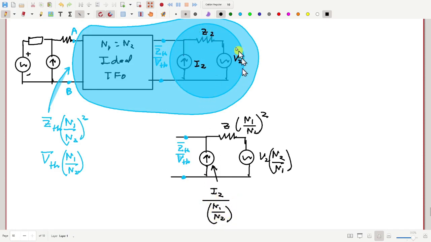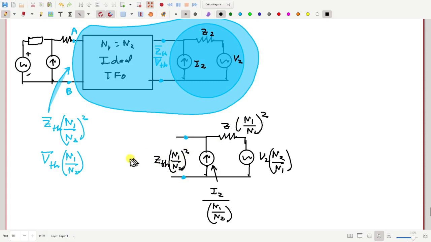Now in the original right side circuit, the Thevenin voltage was VTH and ZTH was the Thevenin impedance. In this modified circuit, how much will be VTH and ZTH? Can you guess? ZTH multiplied by N1 by N2 whole square.